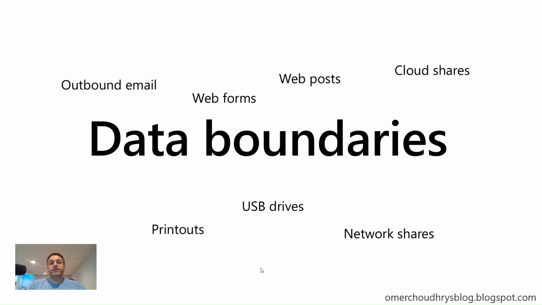One example is, if HR is maintaining employees' data, it should be accessible to the HR department only and should not be shared with the IT department or finance department unless it is required. So this is where the data boundaries are very important.